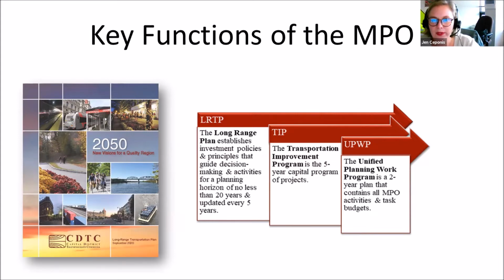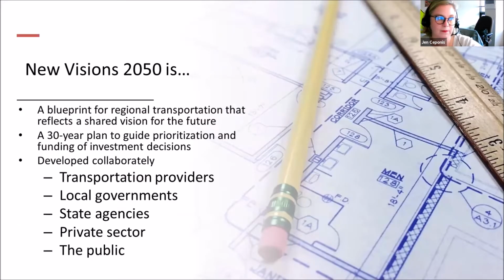And the planning principles, the strategies, the philosophy and approach to planning that are outlined in the long-range plan all influence the TIP and the UPWP. We implement New Visions 2050 through the TIP and through the UPWP.